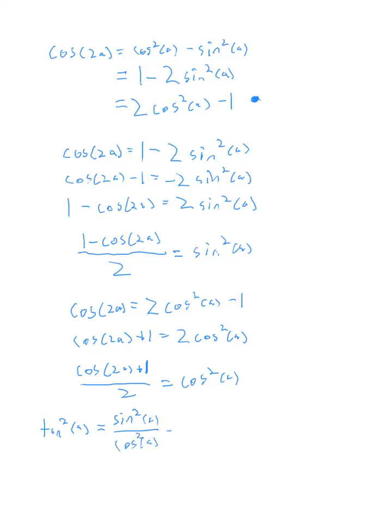If I reduce the power for sine into 1 minus cosine of 2a over 2, and I reduce the power for cosine to cosine of 2a plus 1 over 2, then I can keep change flip, and once I get rid of the 2s that pop up, it ends up simplifying to just 1 minus cosine of 2a over cosine of 2a plus 1.